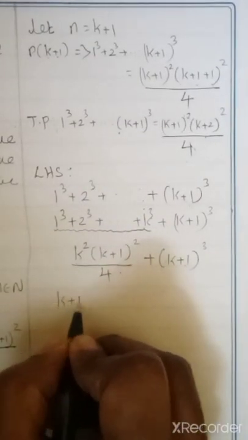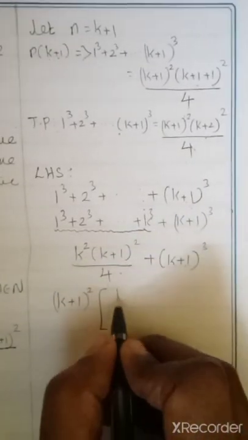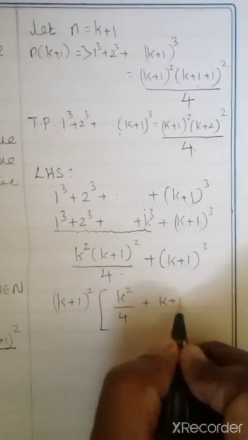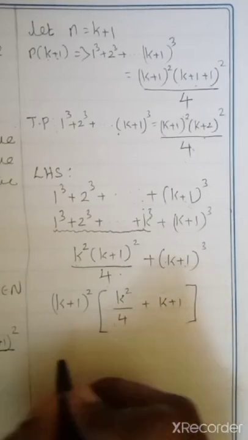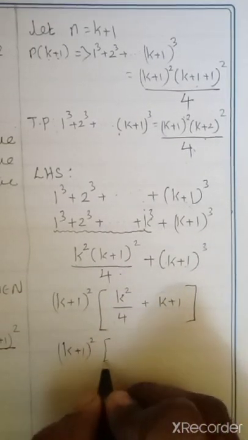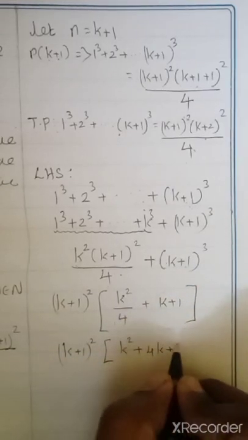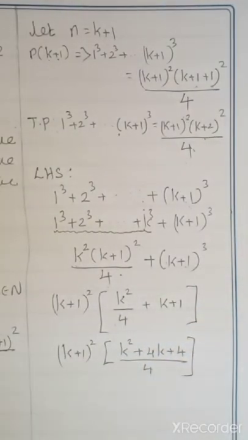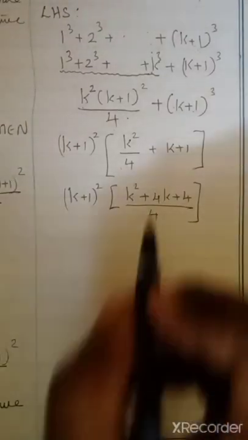So taking k plus 1 the whole square common, what will remain is k squared by 4 plus k plus 1. Now it is possible to take the LCM. Yes, so k plus 1 the whole square, taking the LCM, k square plus 4k plus 4 divided by 4. Is that okay?